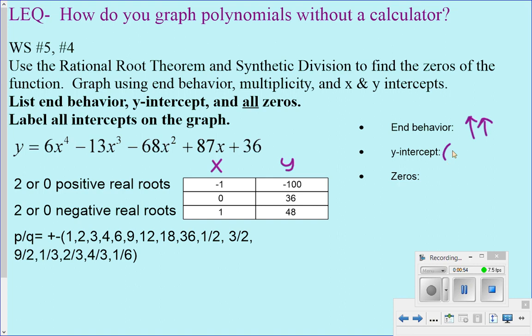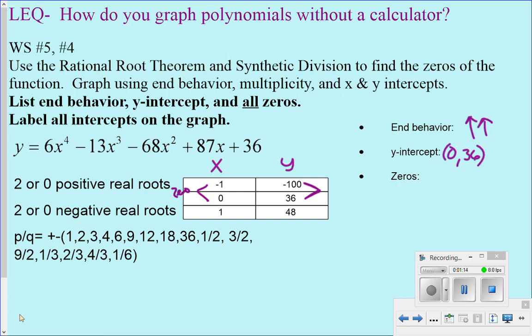The y-intercept was (0, 36), and we were working on finding the zeros. Our table didn't give us any zeros, but we saw a sign change between these two numbers. It went from negative to positive, which means there has to be a 0 between -1 and 0.